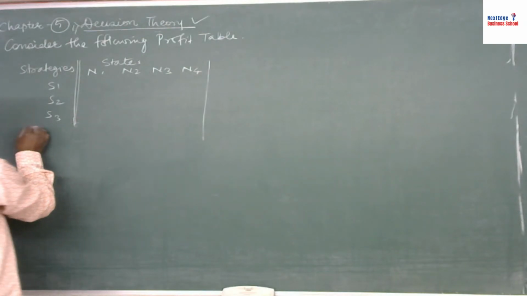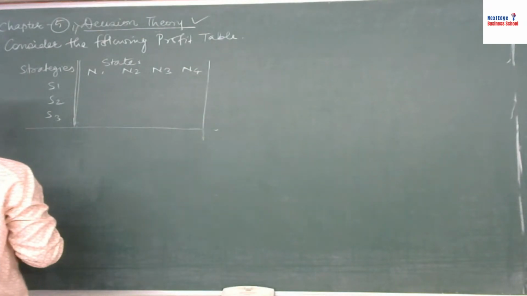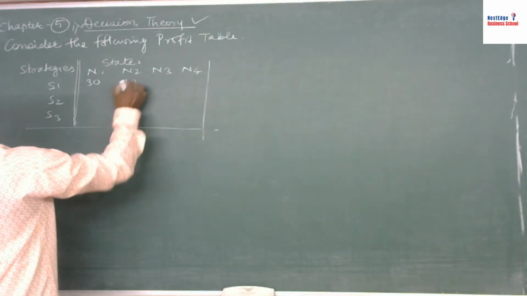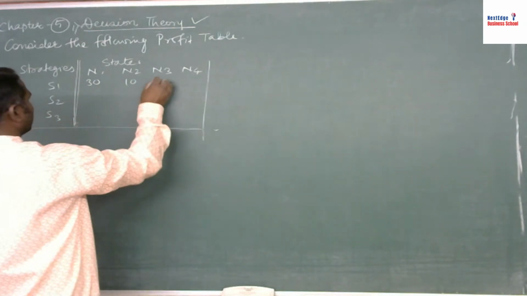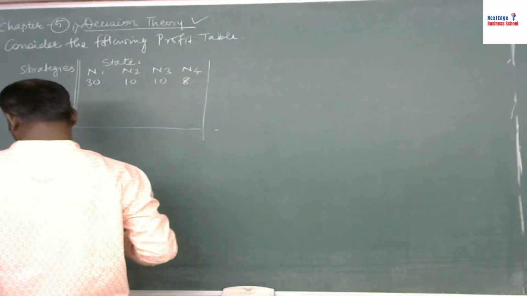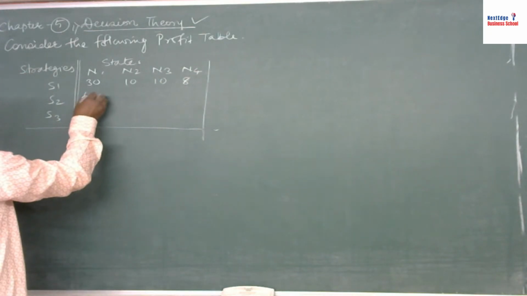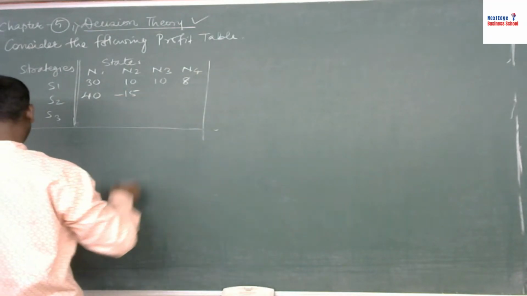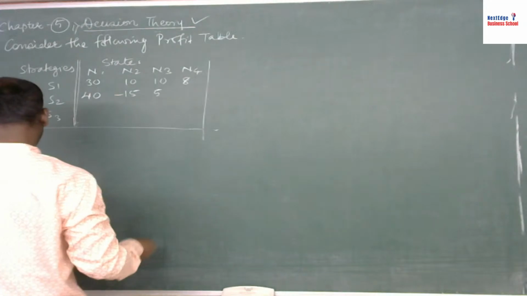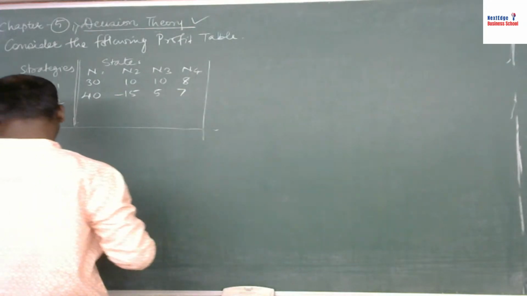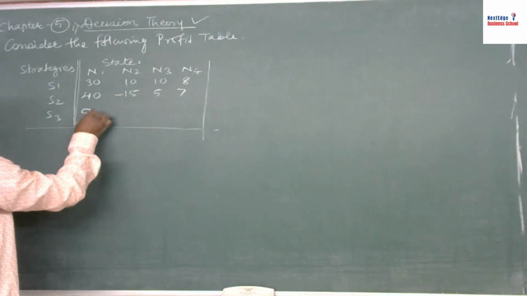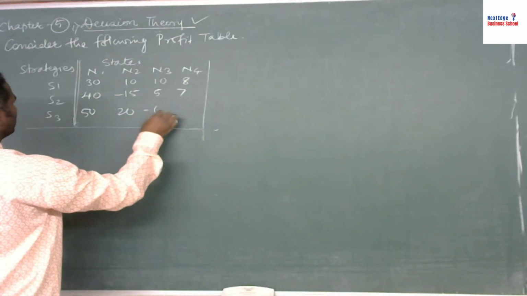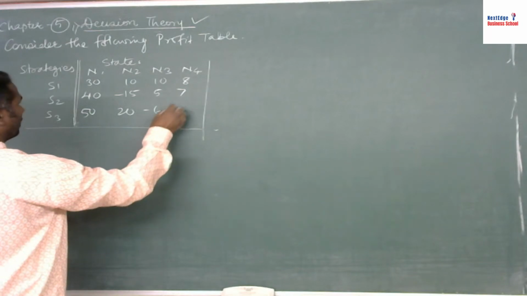The problem looks like this. Write the values here: 30, 10, 10, 8. Then 40, minus 15, 5, 7. Then 15, 20, minus 6, 10.